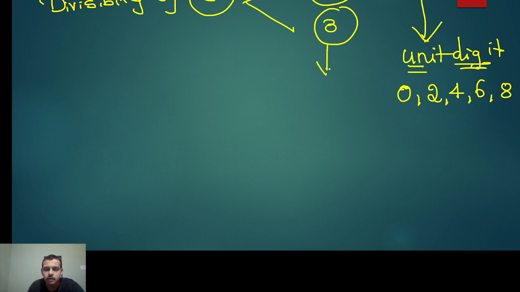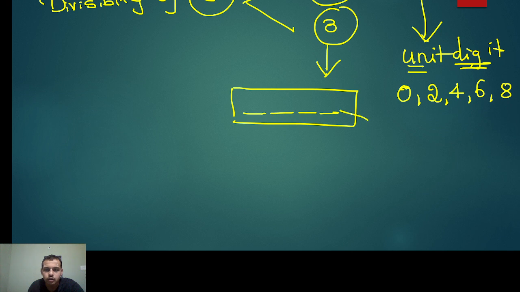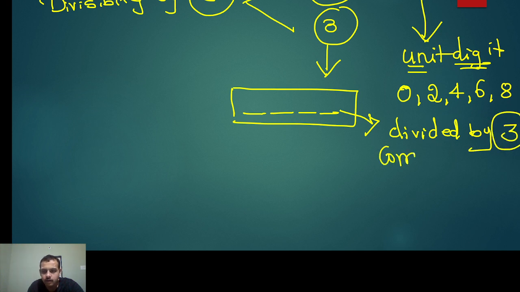And what is divisibility by 3? The sum of all the digits in the number should be divisible by 3 completely. So this is the divisibility by 6.